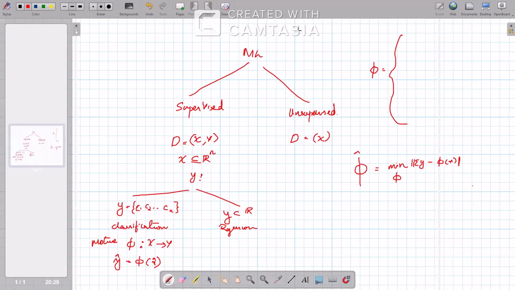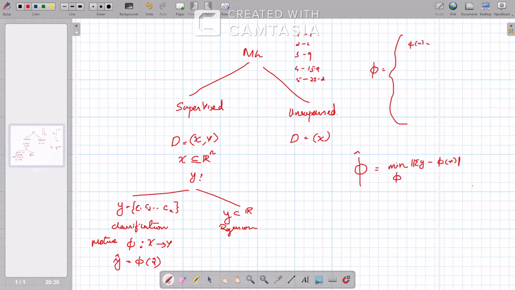Let's say our data is 1 to 1, 2 to 4, 3 to 9, 4 to 15.9, and 5 to 25.2. Okay. You can have phi as what?